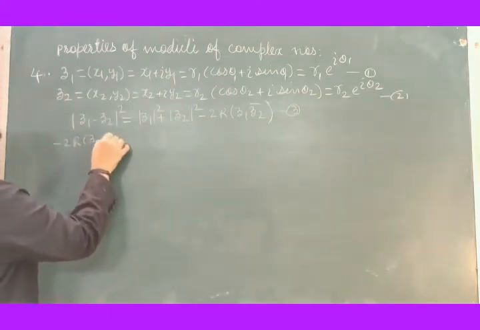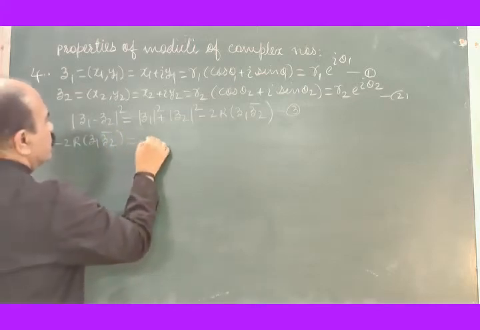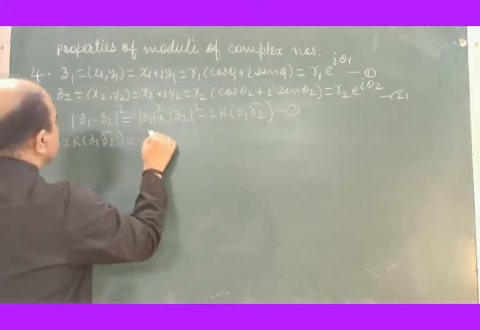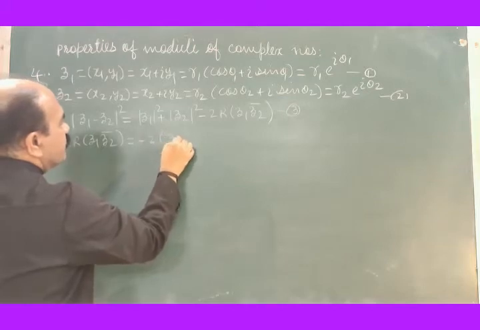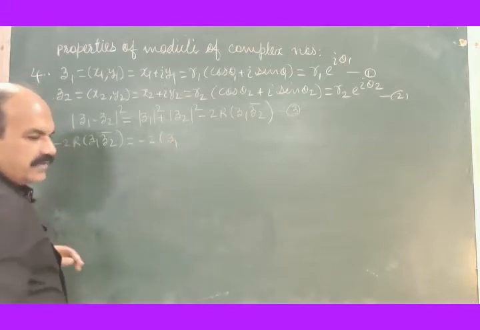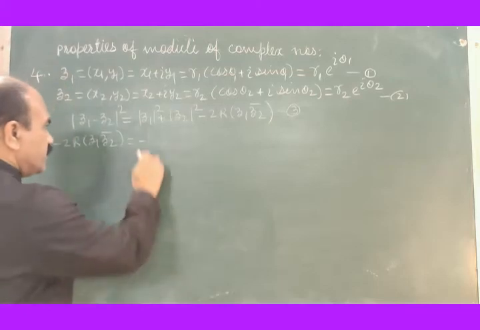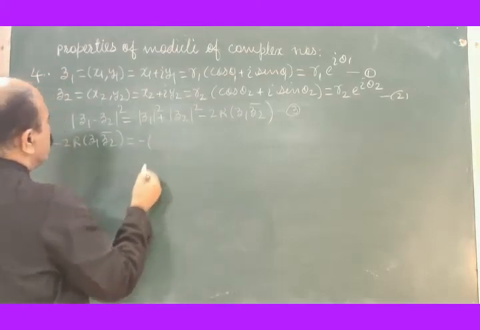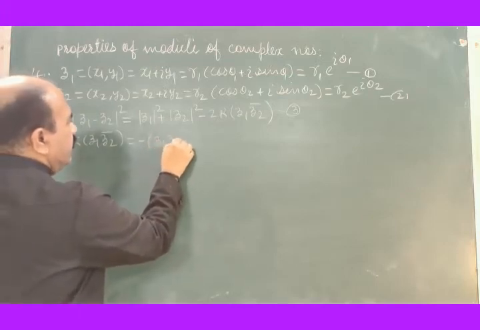Z1 Z2 bar is equal to minus 2 times, what is Z1, this is nothing but, actually we found this, but let me still find it here.